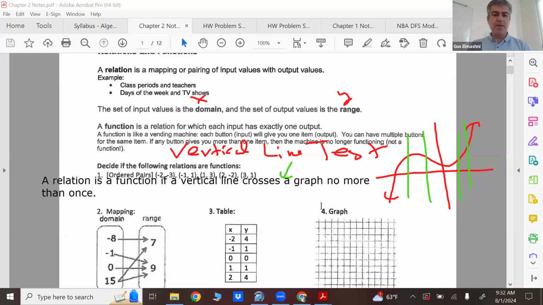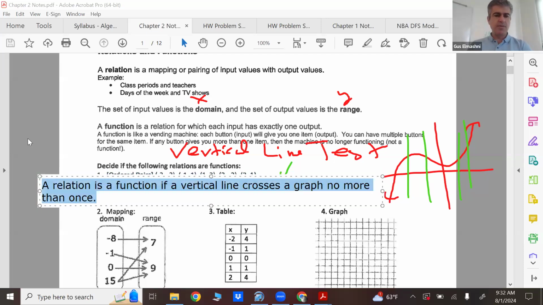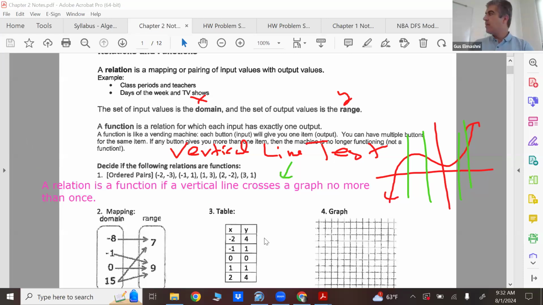Got a little hard to read, sorry. Let me move that and change the colors. There you go. Yeah, a relation is a function if a vertical line crosses the graph no more than once. Okay. So for every input, there's just one output.